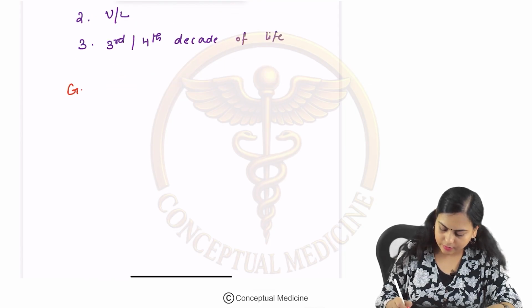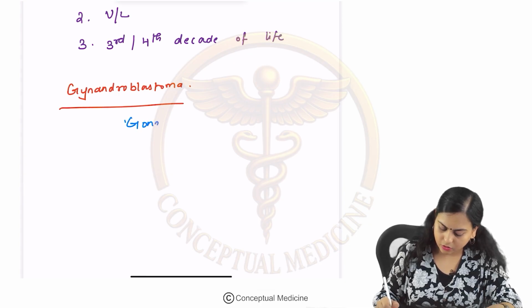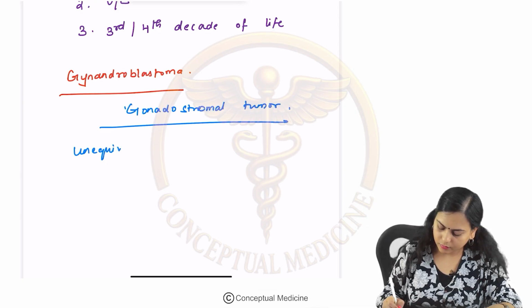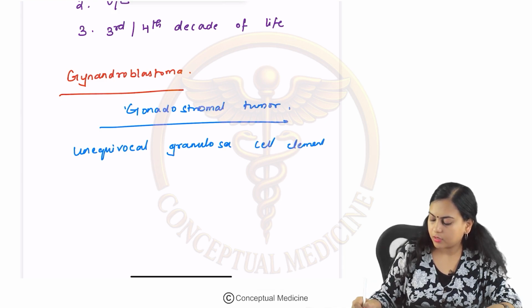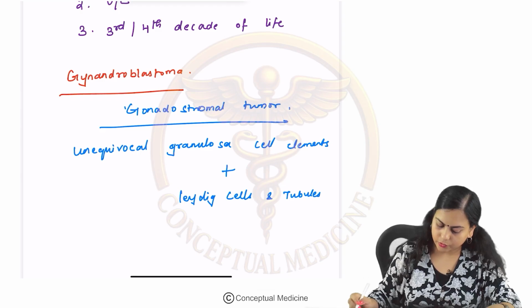Right. Next one is gynandroblastoma. This is a rare gonadostromal tumor that contains unequivocal granulosa cell elements that are combined with Leydig cells and tubules.